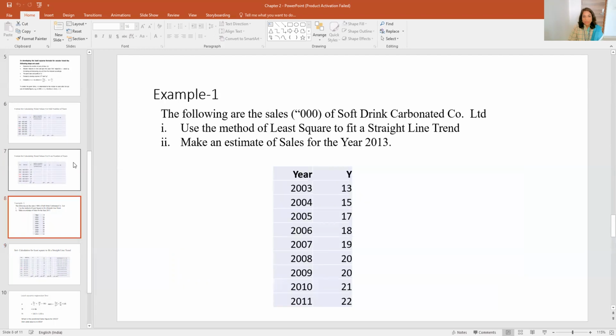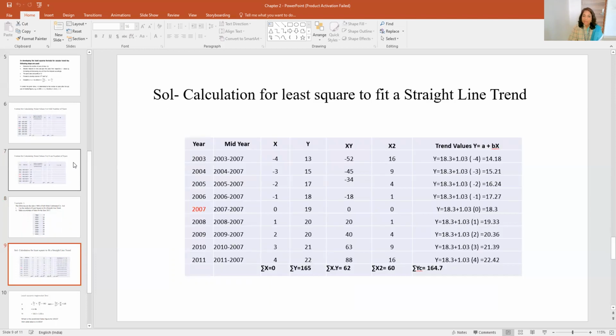Y is the sales value of the soft drink carbonated company limited. The Y values they have given are 13, 15, 17, 18, 19, 20, 20. First, the summation of X will always come to 0. Then add all the Y values. After adding 13 plus 15 plus 17 and all the values, the summation of Y is equal to 165.